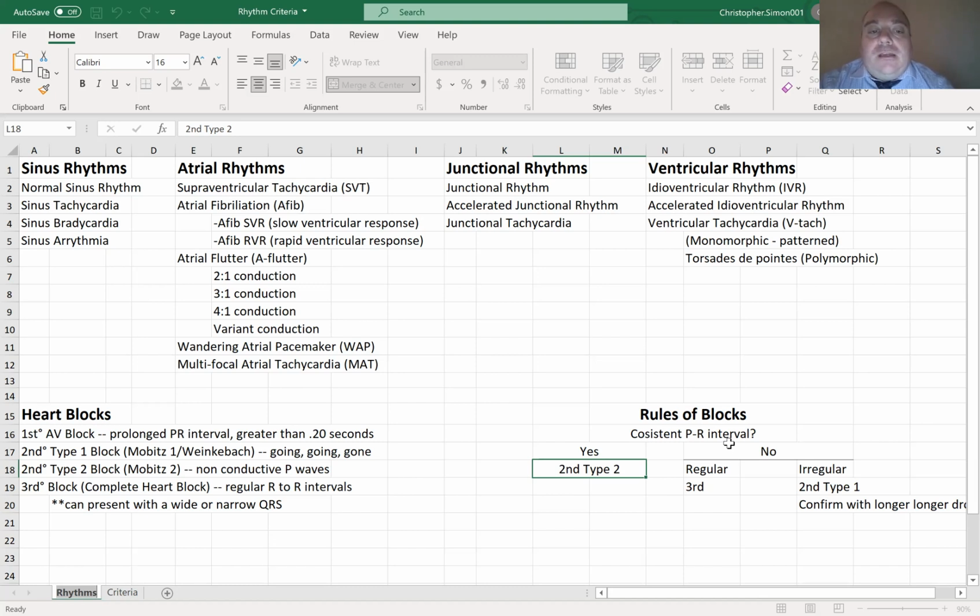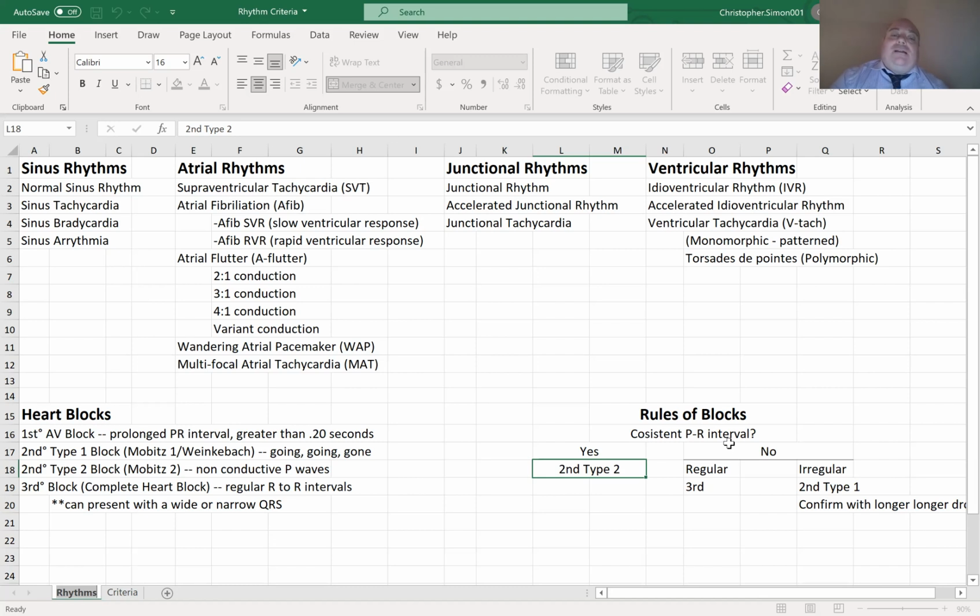But if I looked at the EKG and saw he has a first degree AV block, I wouldn't say that's his rhythm, because it's not really a rhythm. It's something that happens to a rhythm. So for example, I would say he's in sinus rhythm with a first degree AV block, or he's sinus bradycardia with a first degree AV block, okay?